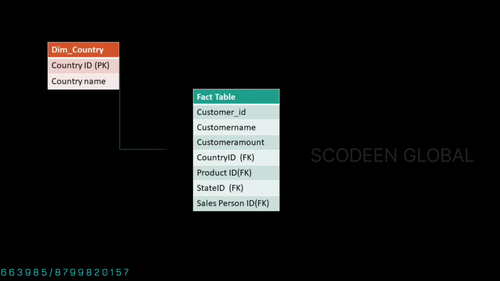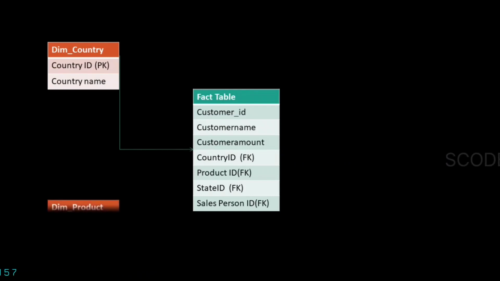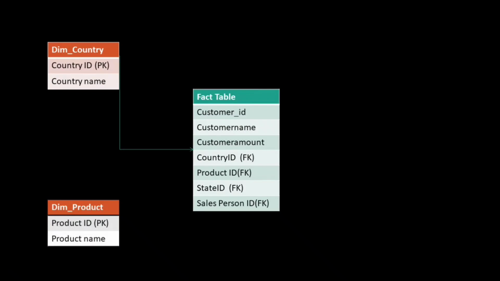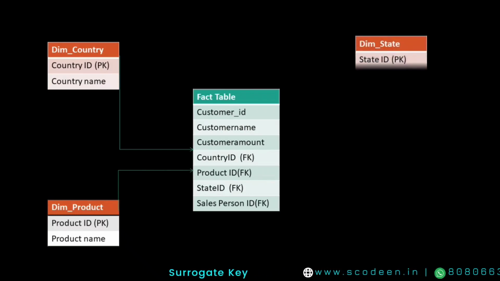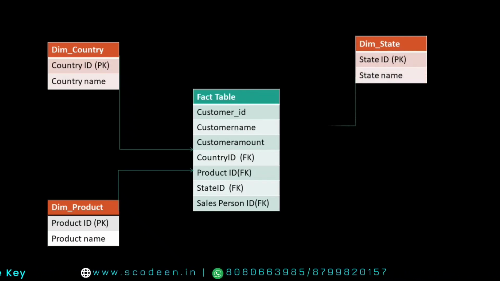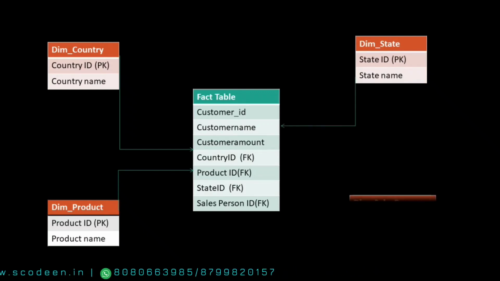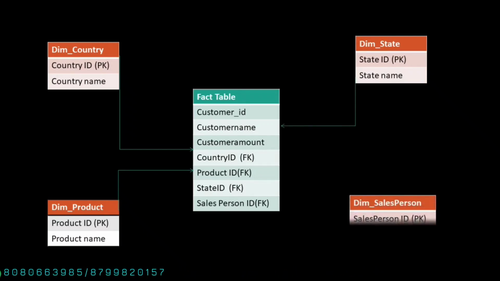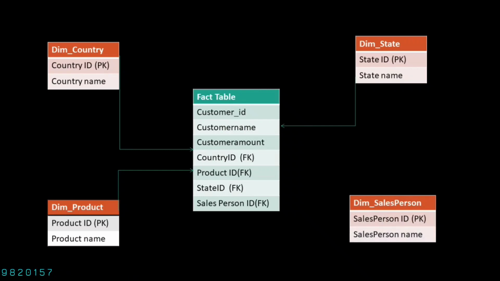Here we can observe one fact table having various types of dimension tables. The dimension country table has the primary key country ID, the dimension product table has product ID as the primary key, the dimension state table has state ID as the primary key, and the salesperson dimension table has salesperson ID as the primary key.